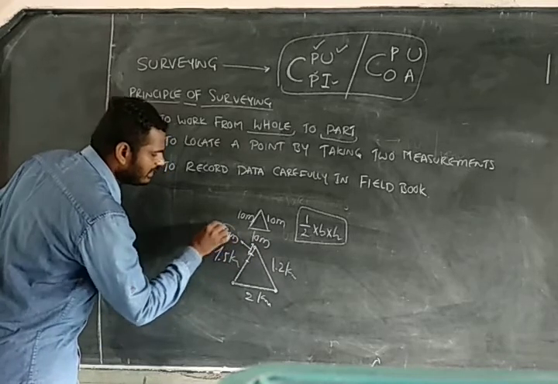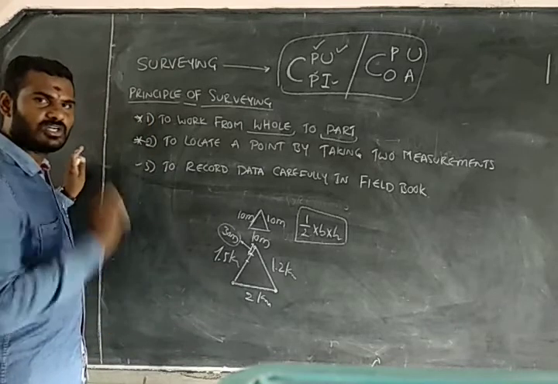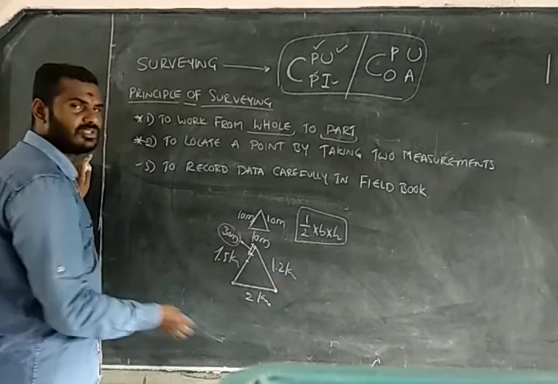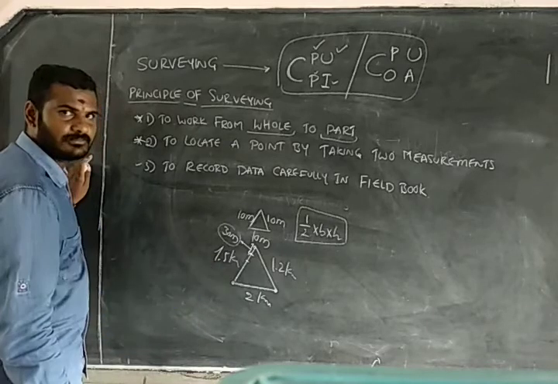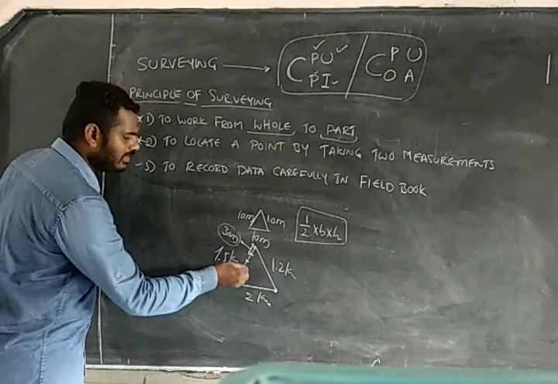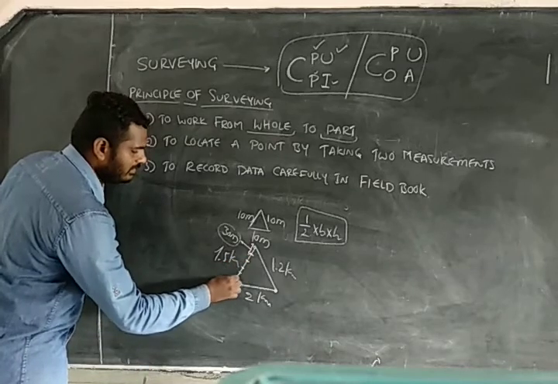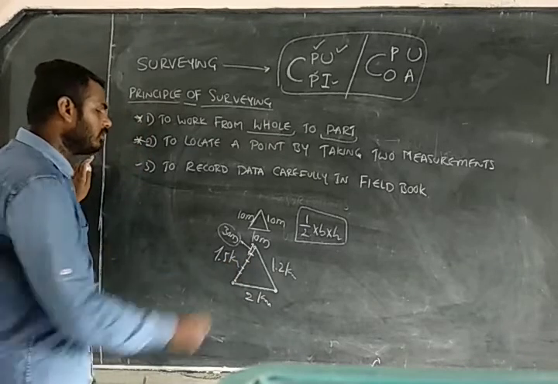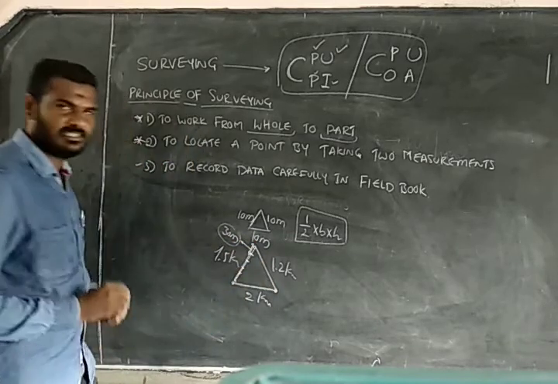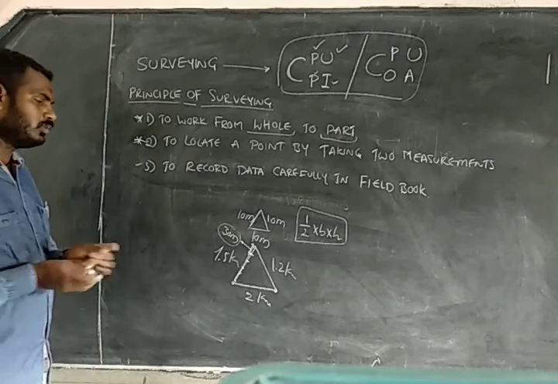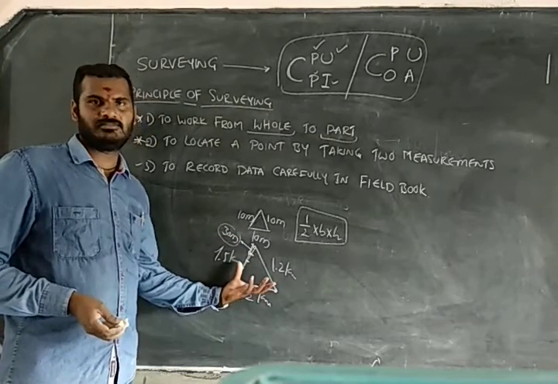For 1.5 kilometer, every kilometer has 1000 meter, so 1.5 into 1000 gives 1500 meter. To do 1500 meters you need several tapes, and you have to locate intermediate points. So in this case it is really very difficult to maintain accuracy when the area is large.